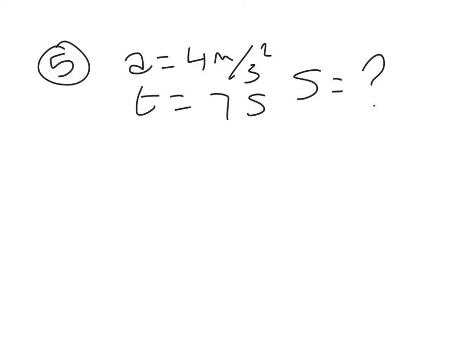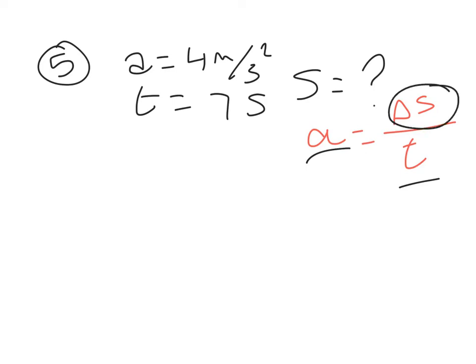Can we rearrange the acceleration formula? Tell me the acceleration formula one more time. Acceleration is equal to change in speed over time. Do I have acceleration? Do I have time?